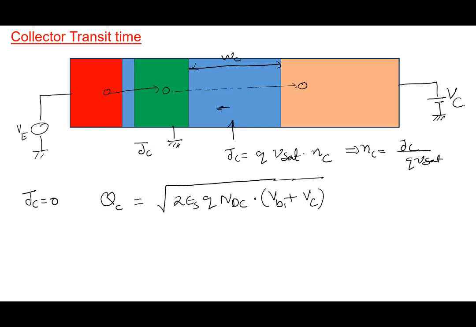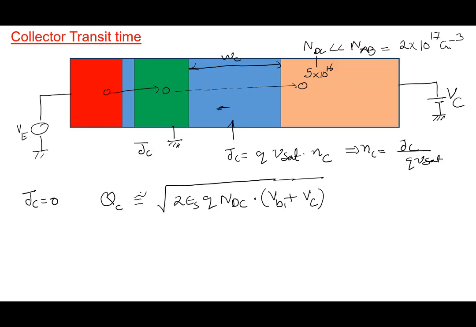Of course, I've made an assumption that the collector doping NDC is much less than NA, the base doping. For example, the collector doping could be 5 times 10^16 and base doping 2 times 10^17, or even lower. It's an assumption; one can write it more accurately, taking into account the base doping. So I put an approximate sign here.